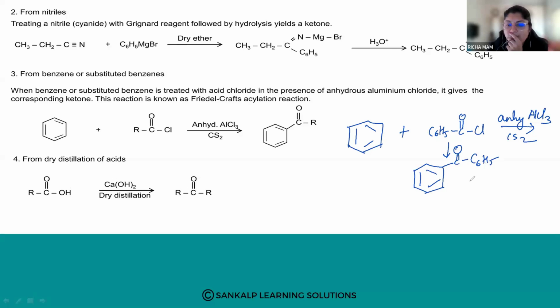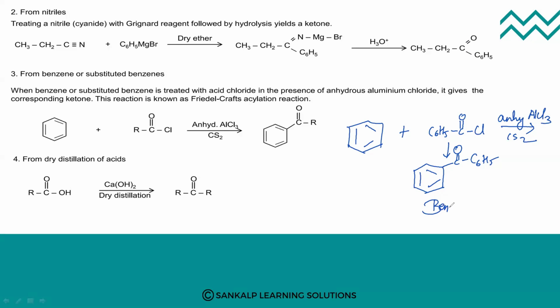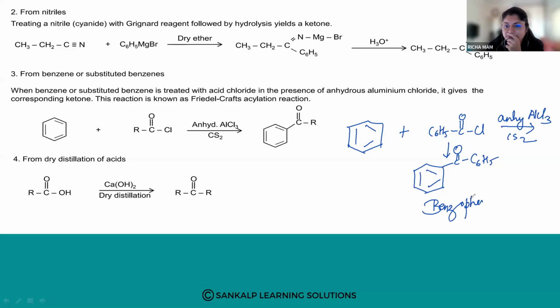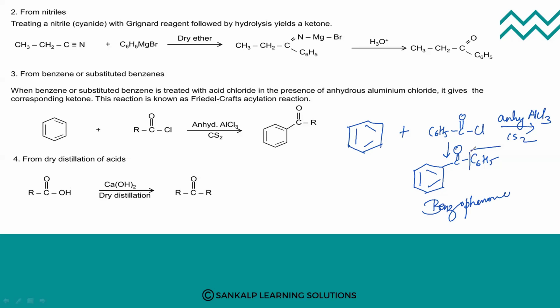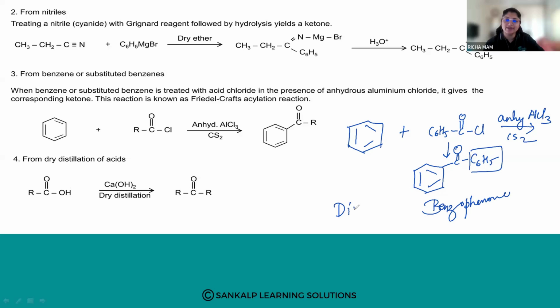What is the compound name? It is benzophenone, also called diphenyl ketone, because C6H5 is also a benzene ring.